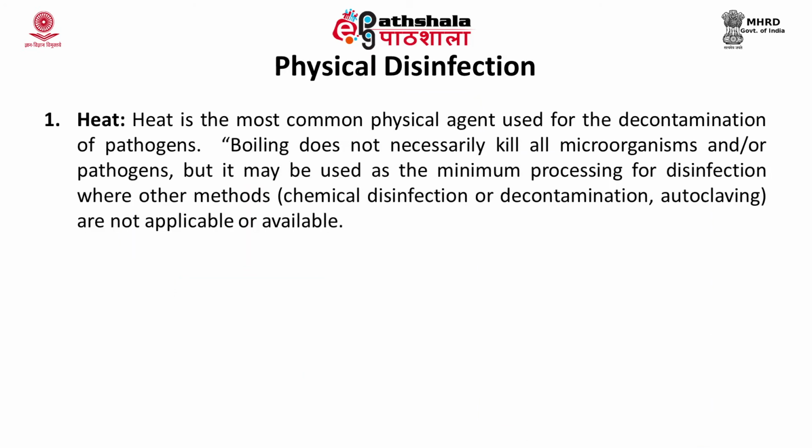Let us discuss them one by one. First, the physical disinfection. The physical methods of disinfection include heat. Heat is the most common physical agent used for the decontamination of pathogens. Boiling does not necessarily kill all the microorganisms or pathogens, but it may be used as a minimum processing for disinfection where other methods are not applicable or available.